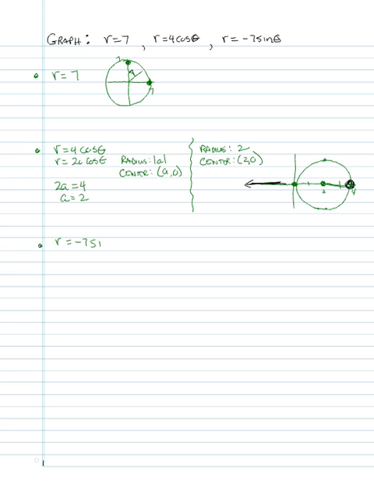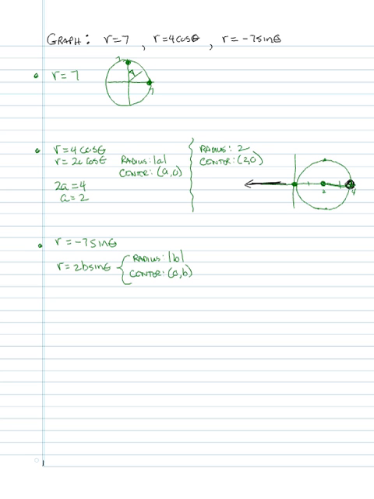Okay, in the next example, r is equal to negative 7 sine theta. Again, we're trying to match a model, and that model would be r is equal to 2b sine of theta. If we can get that model, then we know that the radius is the absolute value of b, and we also know the center is going to be 0 comma b.